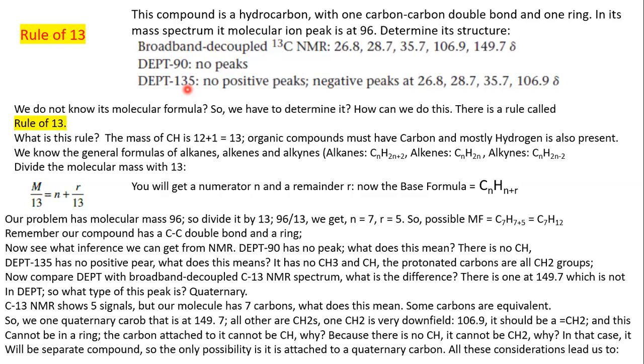So, in this particular compound, the DEPT 135 says there is no positive peak. Means this molecule does not have a methyl group also. So it does not have a methine and it does not have a methyl. So it means we have other things.